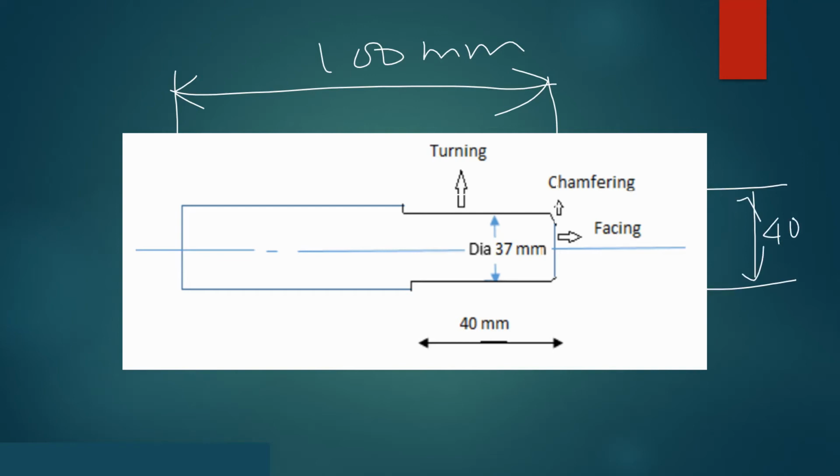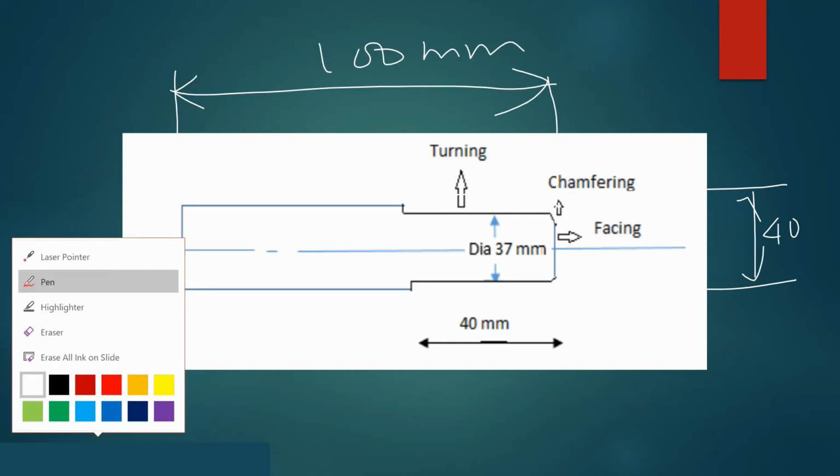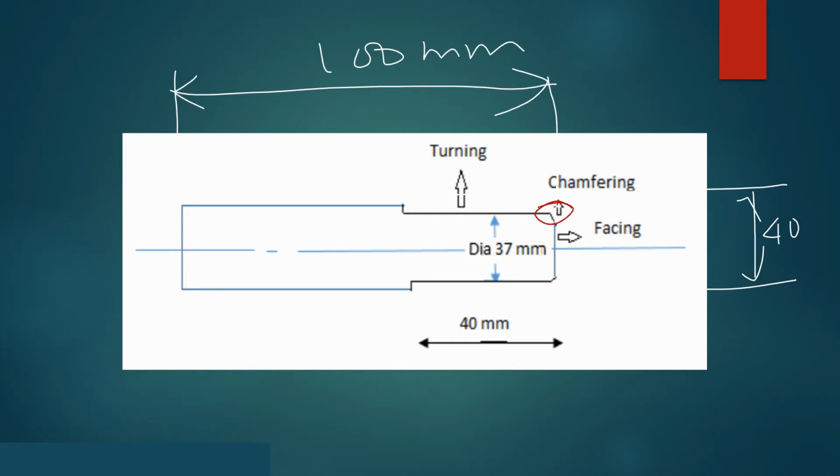We have to reduce from 40 mm to 37 mm, and in the lengthwise direction we are not going to do anything. The only things we are going to do are the chamfering operation and the facing operation. So we have to give commands for the facing operation, chamfering operation, and also the turning operation to reduce from 40 mm to 37 mm. That means we have to reduce 3 mm from the 40 mm diameter.